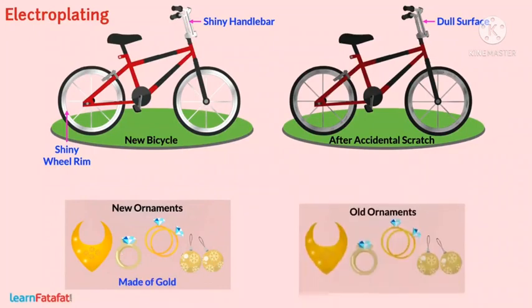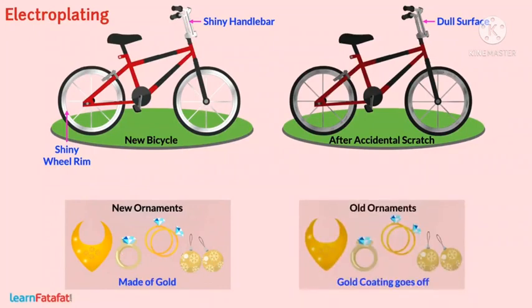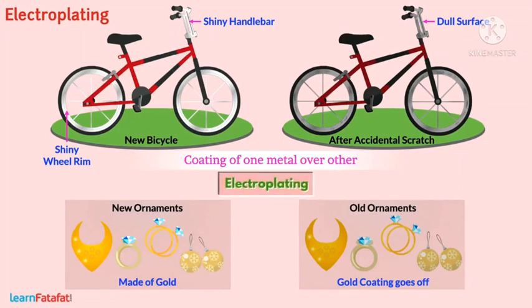However, after some days, the coating goes off, exposing the actual metal. There are many such applications where you can find a coating of one metal over another. The principle behind making a coating of one metal over another is called electroplating. Let's learn about it with the following activity.